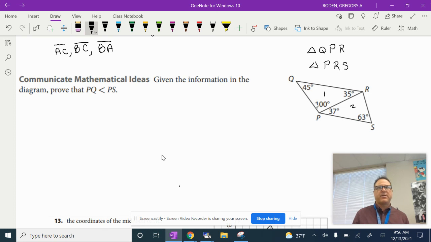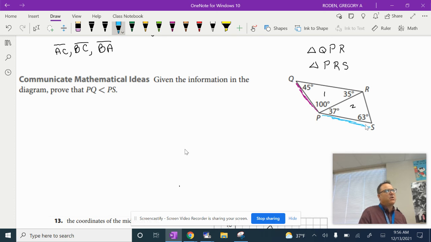But you're talking about one triangle there, so you cannot use that in another triangle. What we're trying to do is compare PQ. Where's PQ? PQ is this side right here in triangle 1. To PS. Where's PS? That's this side right here in triangle 2.